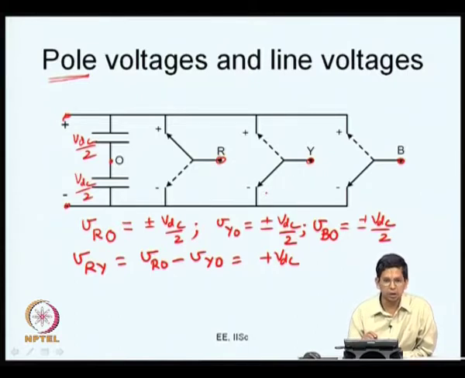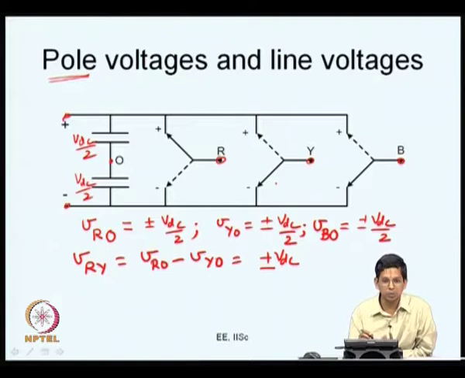The other way, if R is connected to the bottom throw as indicated by the dashed lines here, and Y is connected to the top throw, then what you have is minus VDC. VRY will be equal to minus VDC. On the other hand, these are only two combinations. R can be either connected to the top or bottom, Y can be either connected to the top or bottom. If you take the two phases together, you have 2 multiplied by 2, 4 possibilities. These are only 2 possibilities.